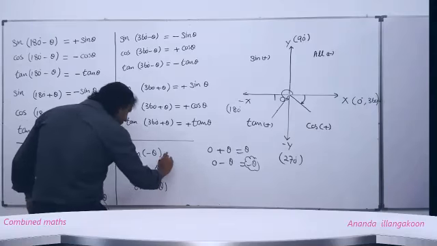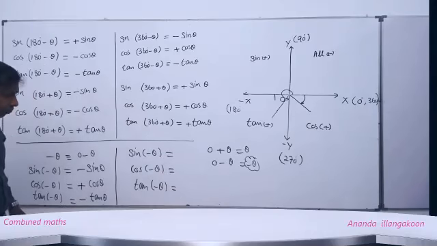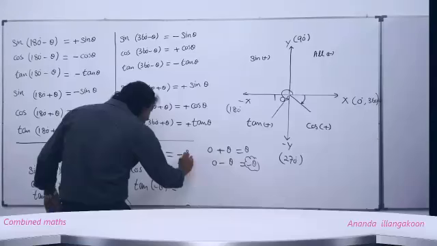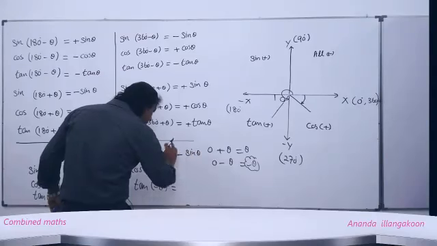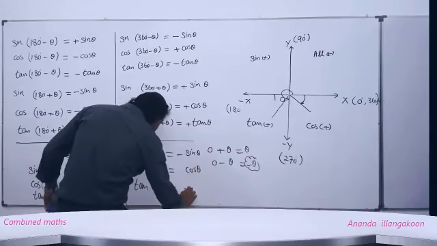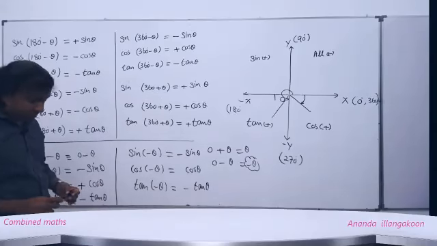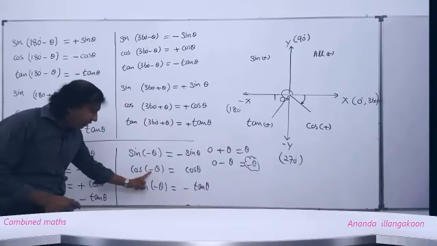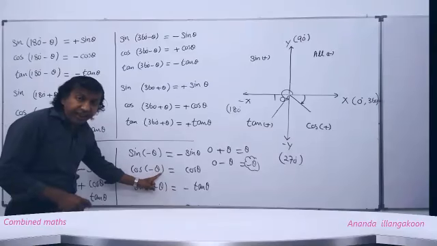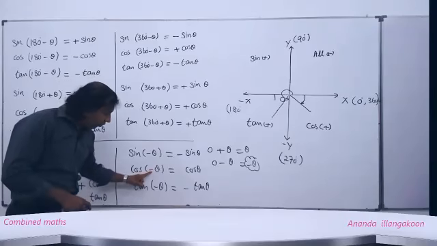Right? Okay. Sine minus theta is minus sine theta, no? Cos minus theta is cos theta. Tan minus theta is minus tan theta. People, remember here, when we have a minus sign with the angle and the cos ratio, we can write the same thing without this minus sign.